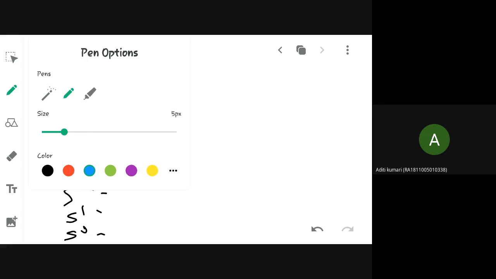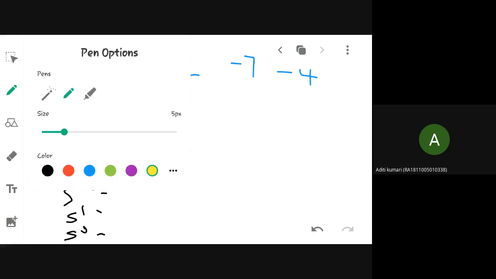S to the power 6, S to the power 5, S to the power 4, S to the power 3, S to the power 2, S to the power 1, S to the power 0. Tell me the first two elements. Somebody from the girl side. First two row elements formation is easy.